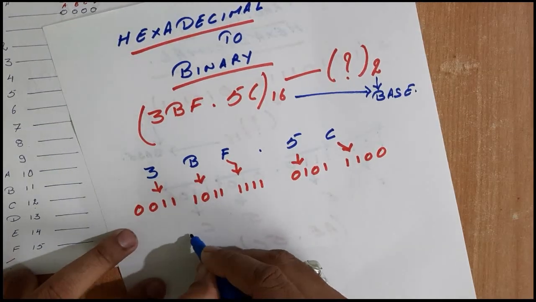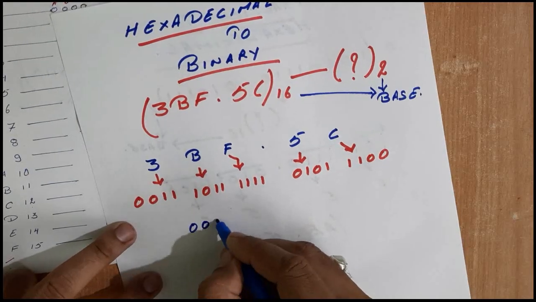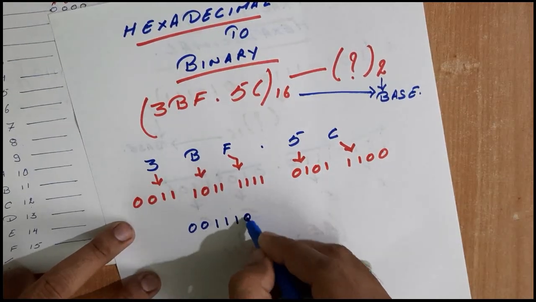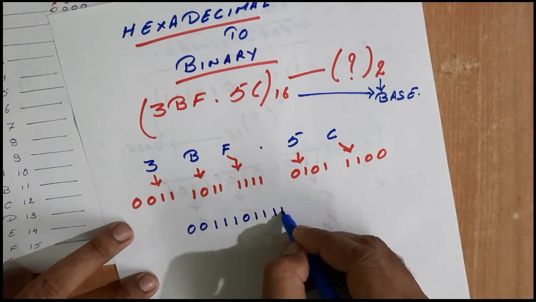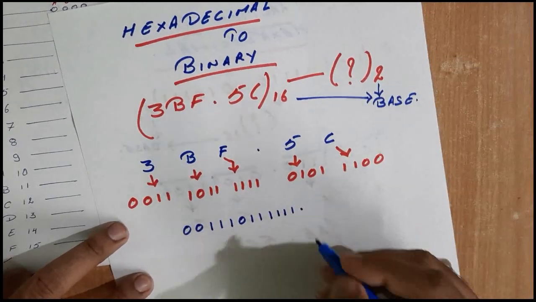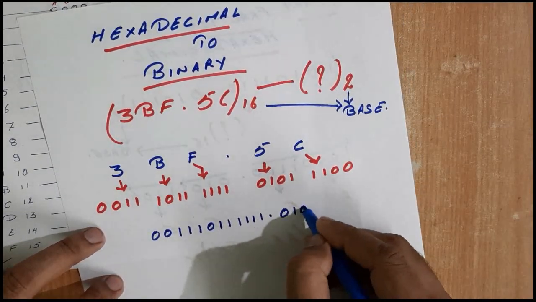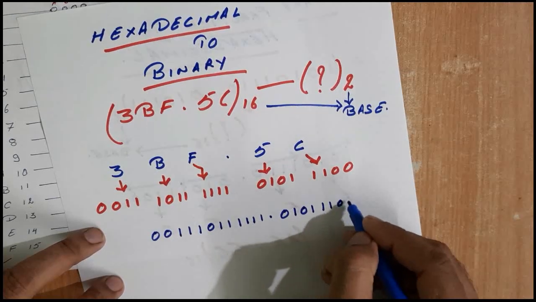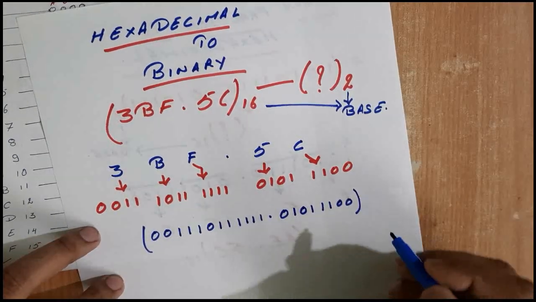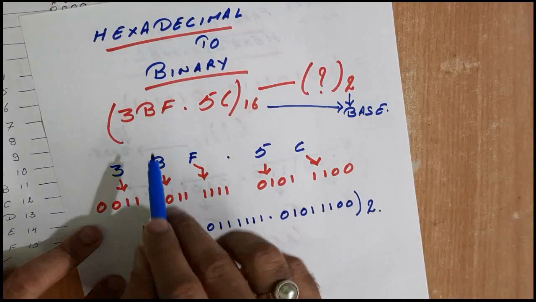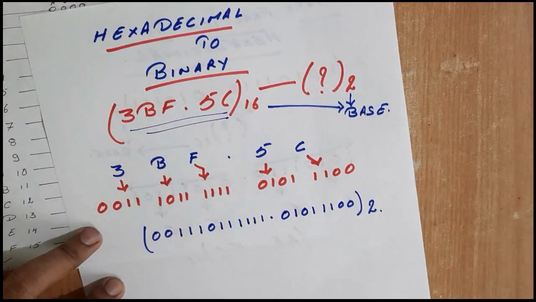That is 0011 1011 1111 point 0101 1100 is my binary number of the given hexadecimal number.